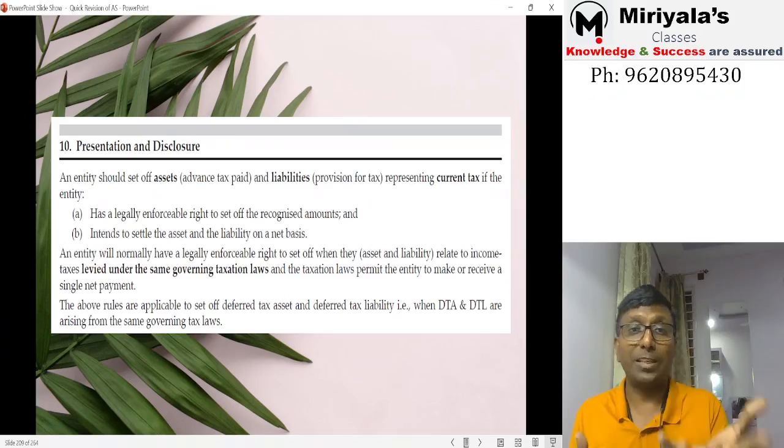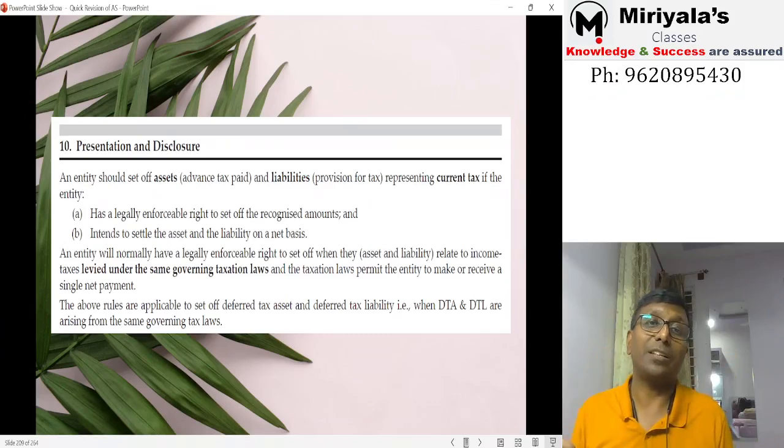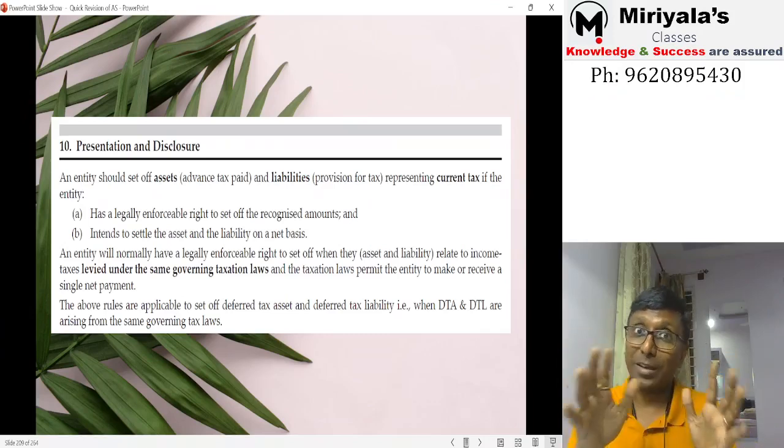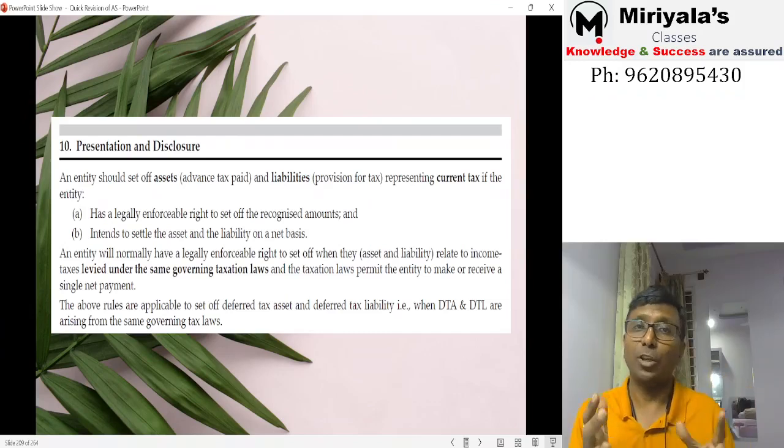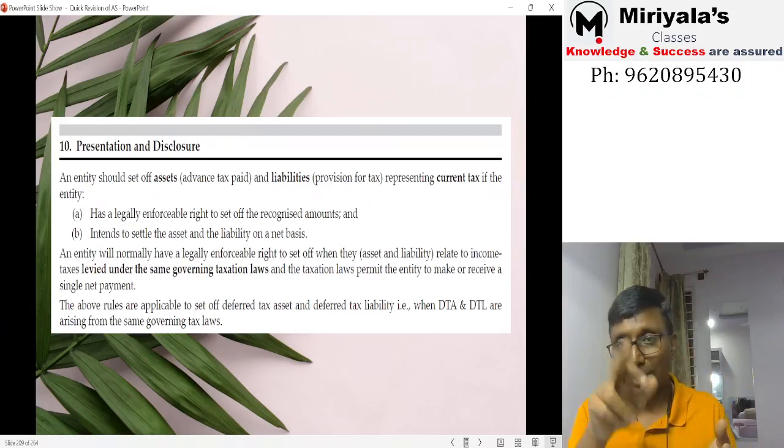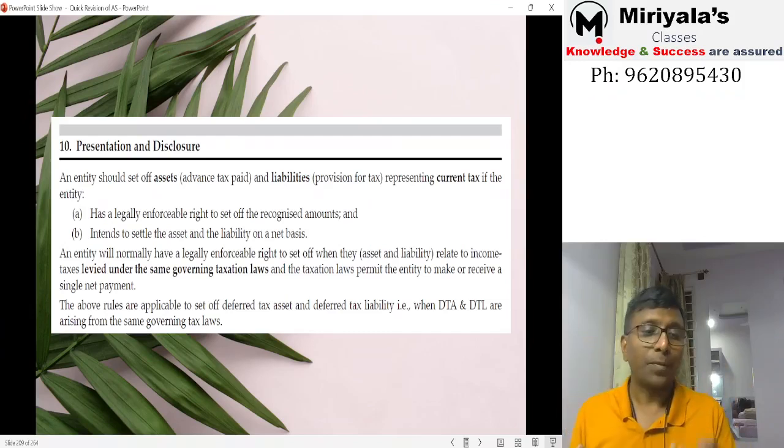Suppose your subsidiary may be having a deferred tax asset and a deferred tax liability in the holding company's books. But when you are preparing the consolidated financial statements, you should not offset. The balance sheet will have the deferred tax asset as well as the deferred tax liability, and both will be presented.